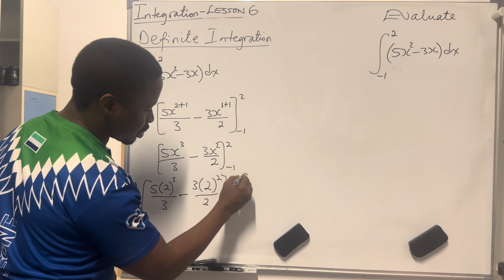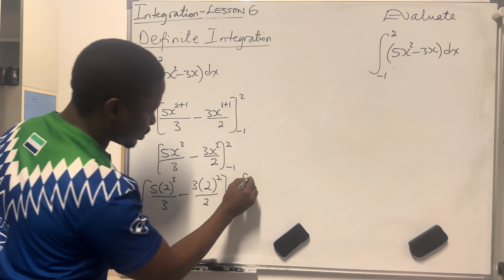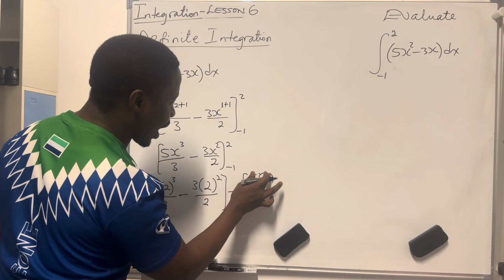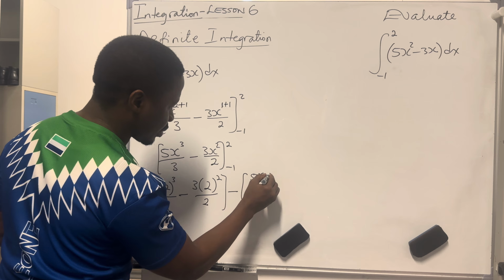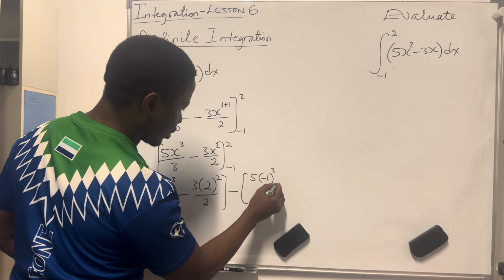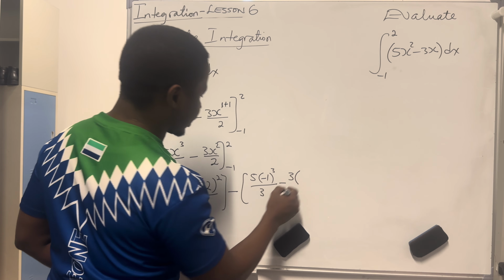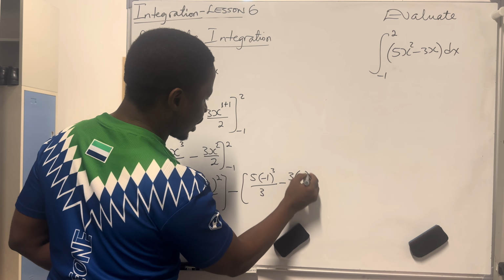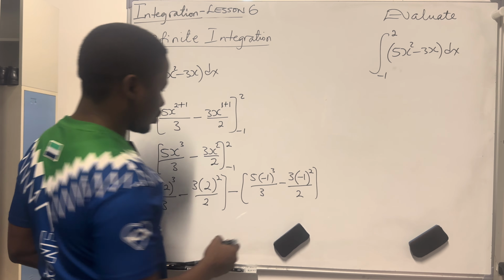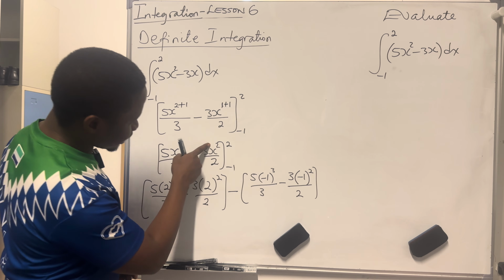We say minus. Now this time we use the lower limit to replace x. So 5x here, which is now -1, to the power 3 over 3, minus 3x. What is x? -1, power 2 over 2. I hope it is clear. Do not mistake this and say this x has power 2.